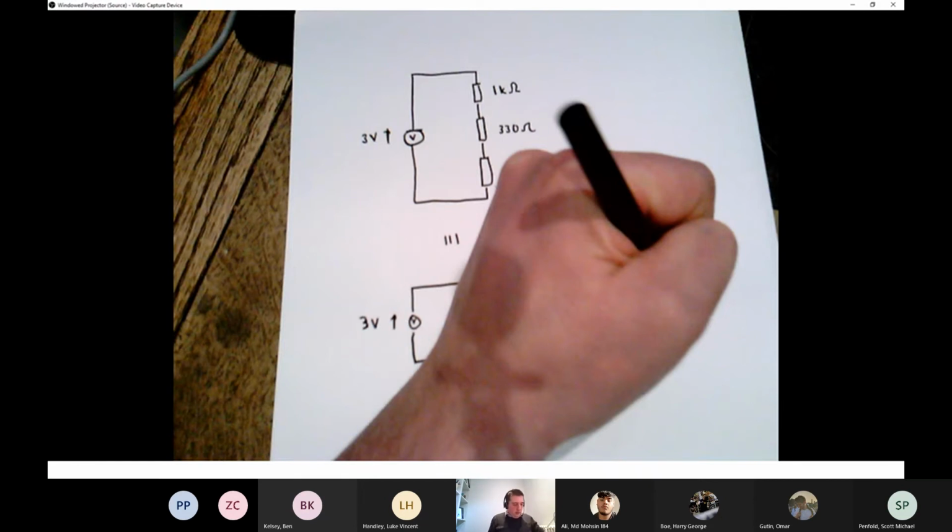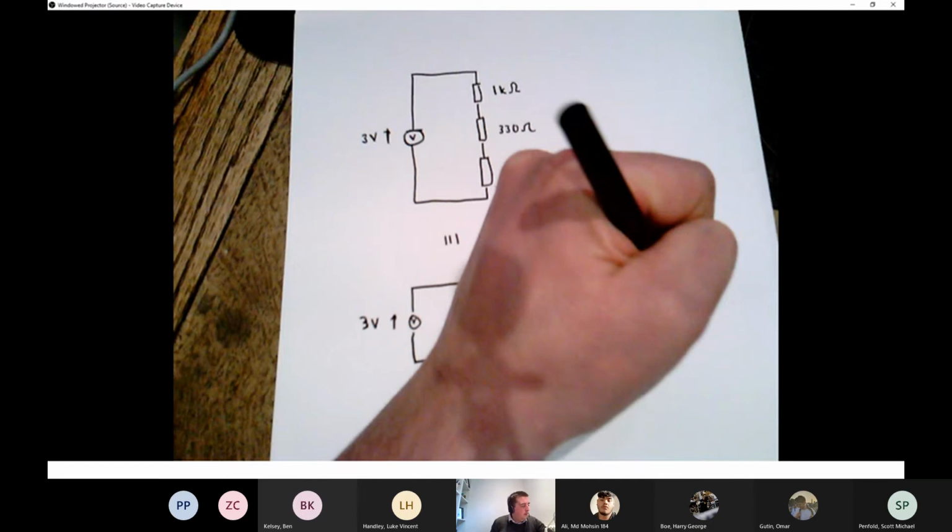And that comes out as 1.06 milliamps, 1.06 times 10 to the minus 3 amps. And then I can say, okay, well, if this is 0 volts, then this point here is going to be 0 plus IR, the voltage across this resistor.